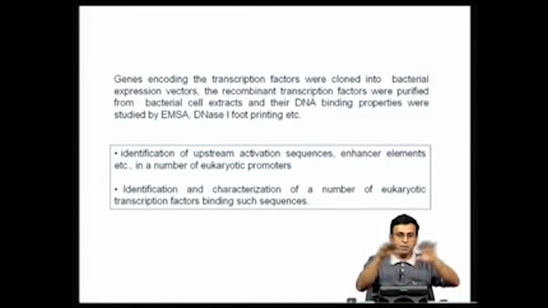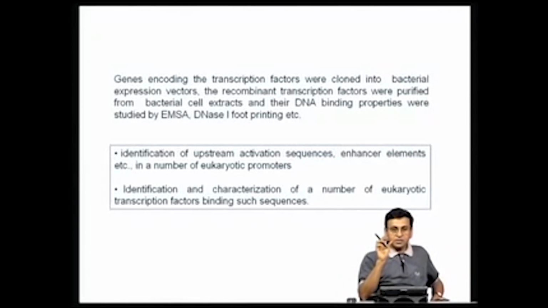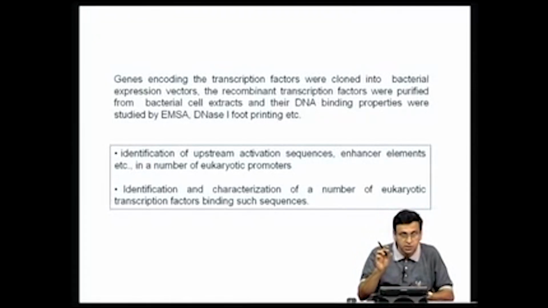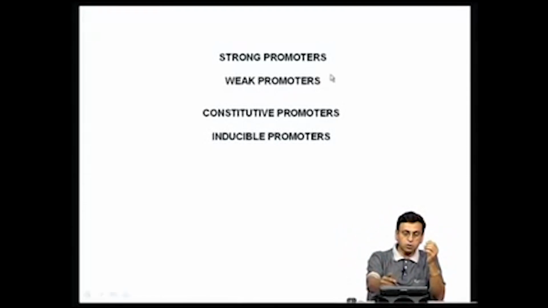By doing this combination of studies you can identify exactly which promoter regions are acting as enhancer sequences and what kind of transcription factors are binding to these sequences. So as a result, today we are flooded with hundreds and hundreds of eukaryotic promoters and eukaryotic gene sequences. Okay, and you can classify many of these promoters as strong promoters, weak promoters, constitutive promoters, inducible promoters, and so on, which I explained here.